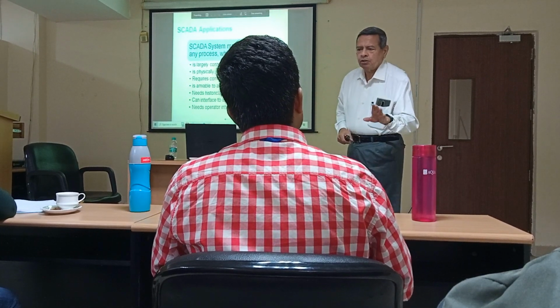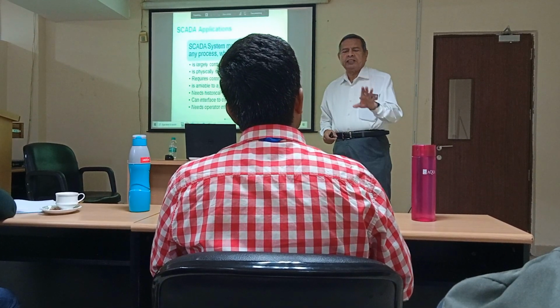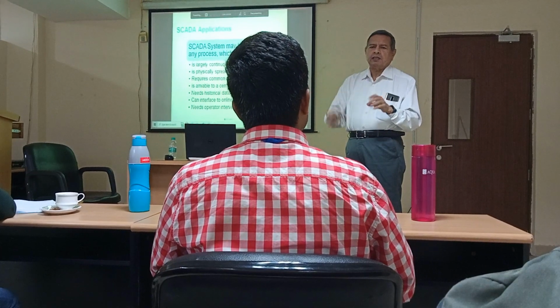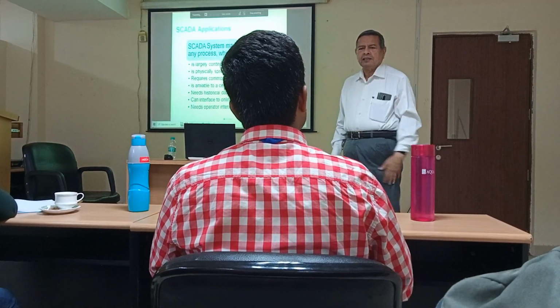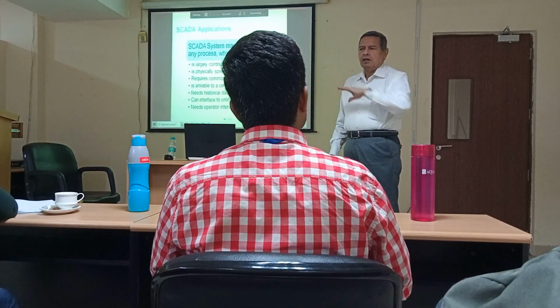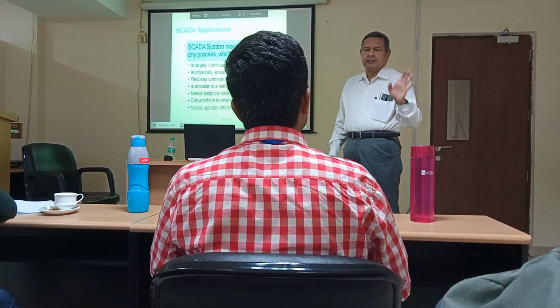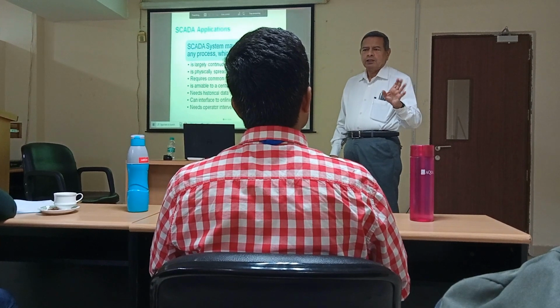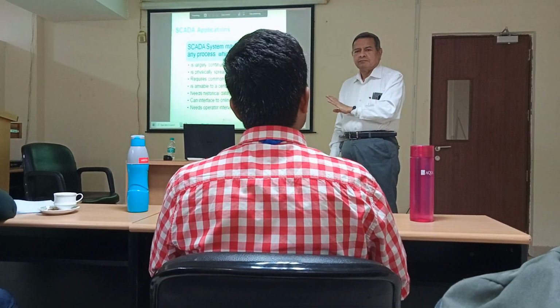Synchronization, see, right now the whole country is running on 50 hertz plus minus 0.2 or something. With that, you know how stable the supply is. It is only possible with SCADA.